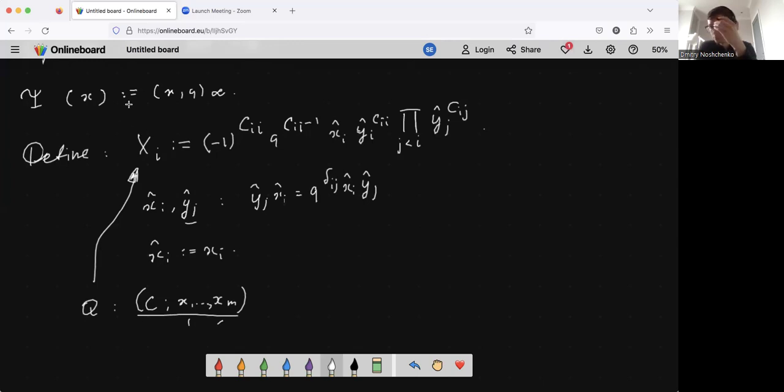And these operators would not commute, but instead they would obey what's called the quantum torus algebra.